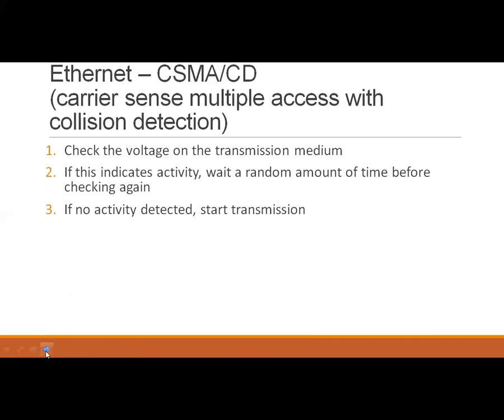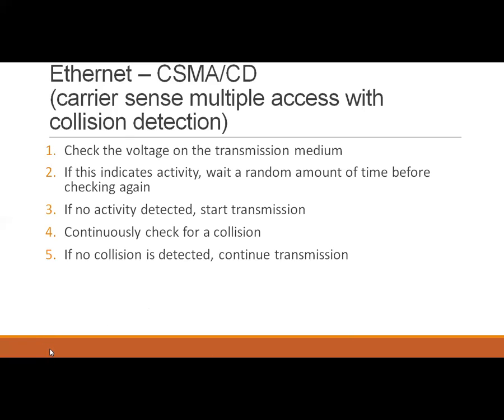If the transmission medium was free, the computer would start sending the data and then it would continuously check for a collision. If somebody else would try to send the data, a collision would occur. If nobody is trying to send the data, only a single computer is sending the data, there is no collision. The transmission will continue.